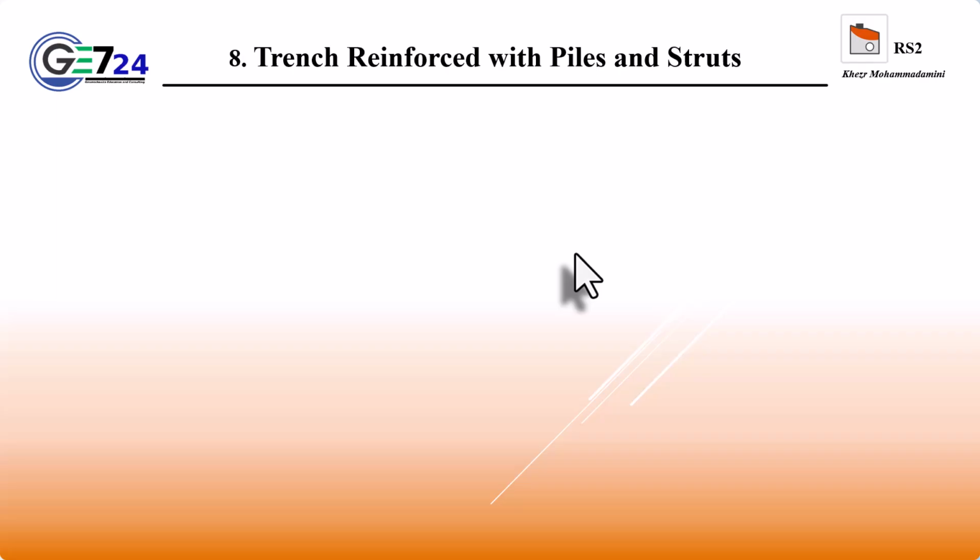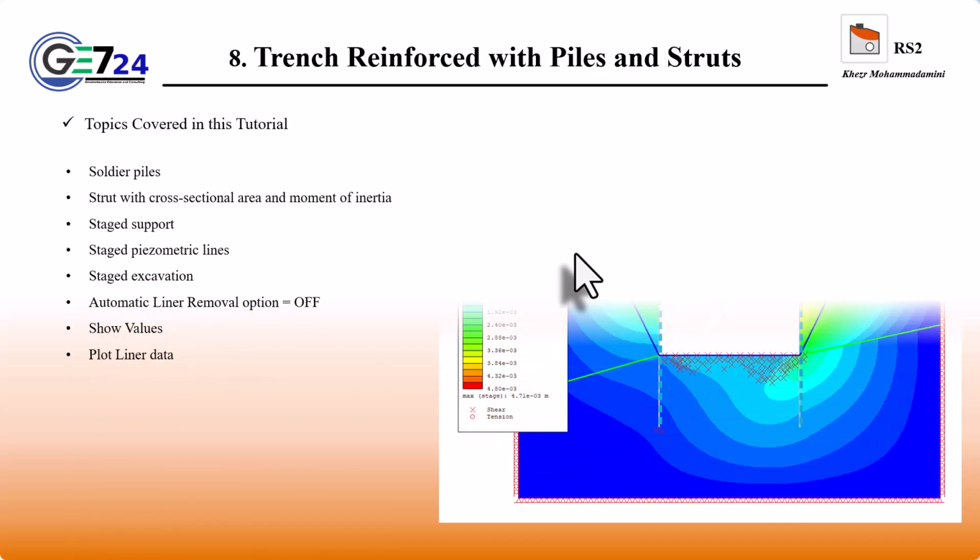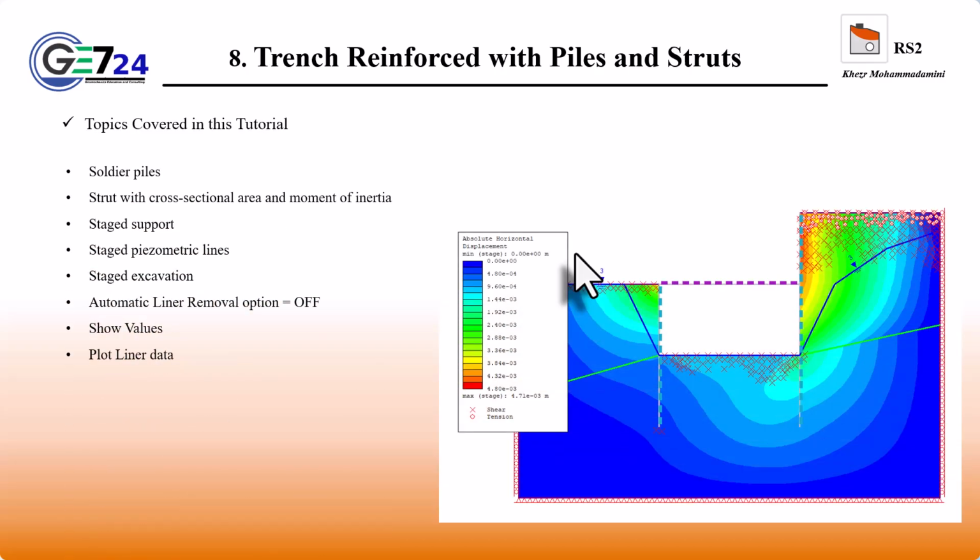So for chapter 8, we have trans reinforcement with the pile and struts. We have a deep excavation model that covered soldier pile, strut with the cross-sectional area and moment of inertia. It means we will design the strut and soldier pile, and also get output and results from this problem.